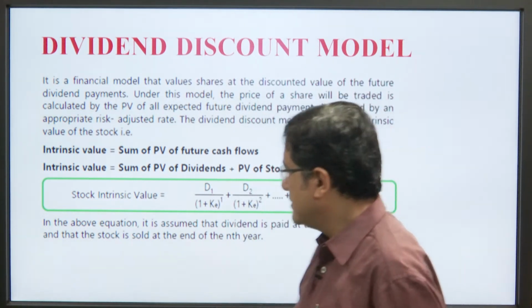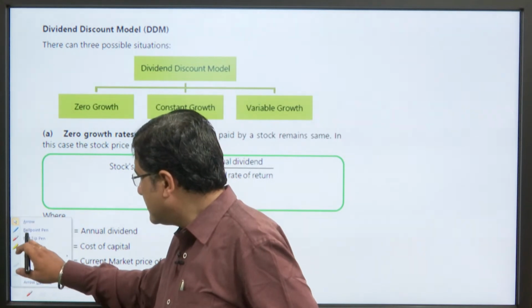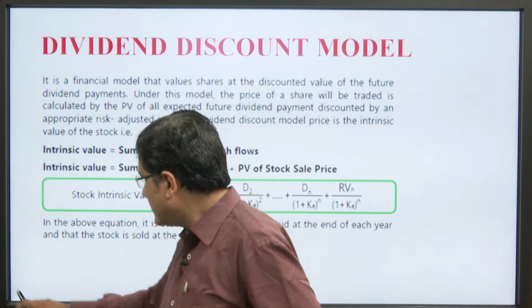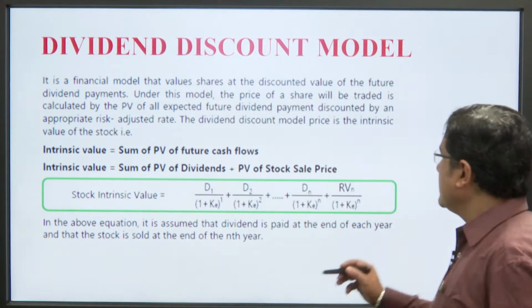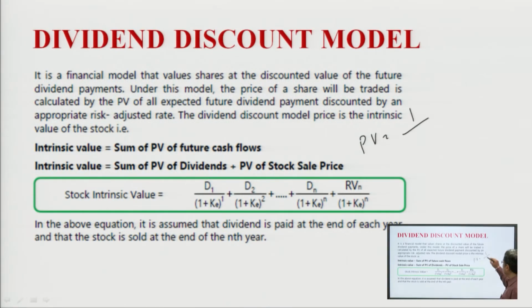Here we must understand that present value equals 1 divided by (1 plus r) to the power n. R is the internal rate of return, the expected return, and n is the number of years.